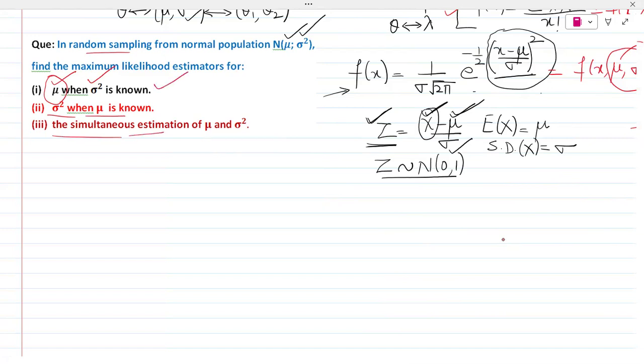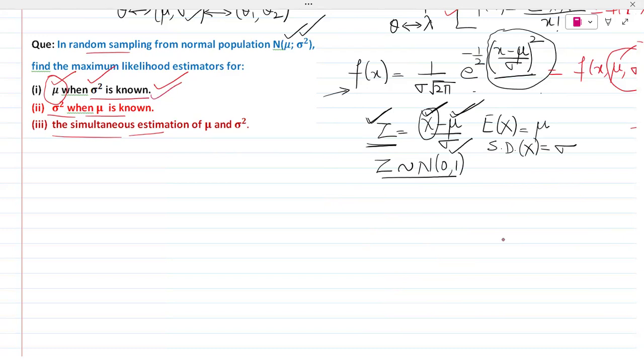In the first case, the population variance sigma square is known. Since it is known, it will not require any estimation. Naturally, we estimate that which is unknown.